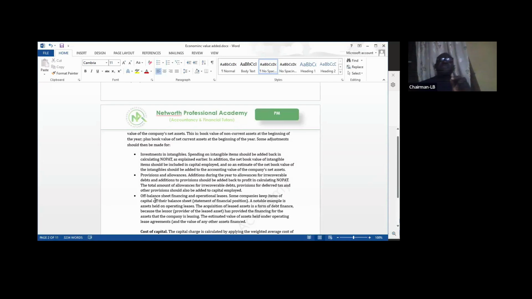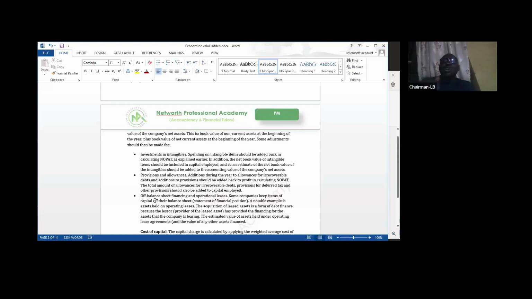But if you have an unusual situation where provision is decreasing, then you cannot add back because we are not making more provisions.